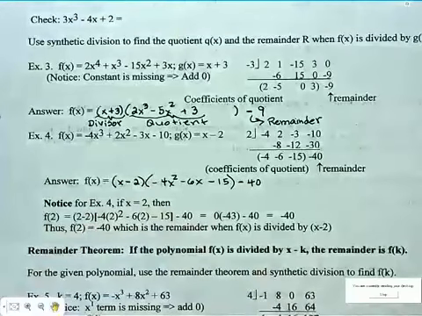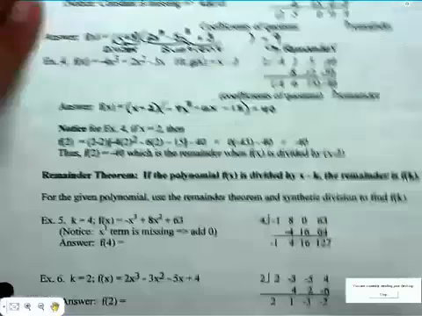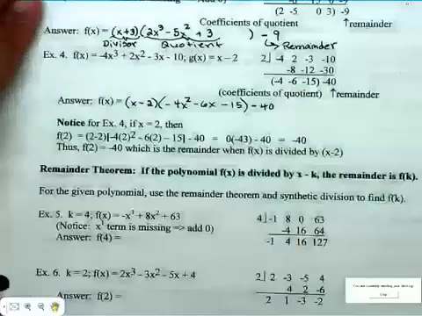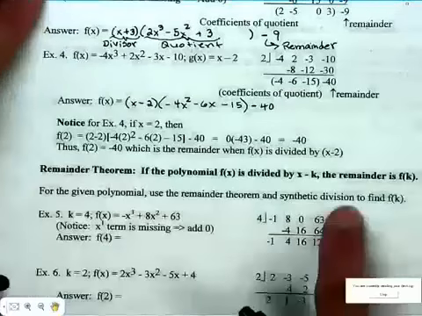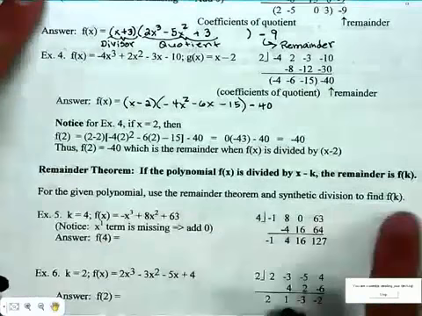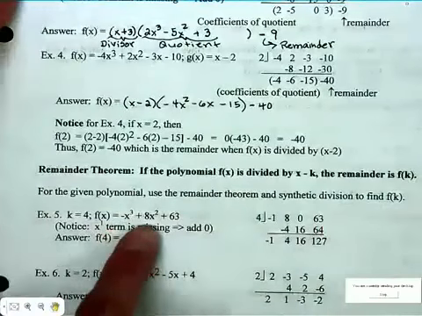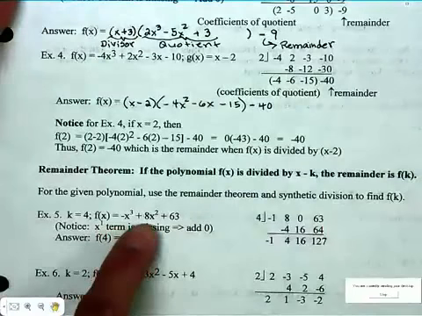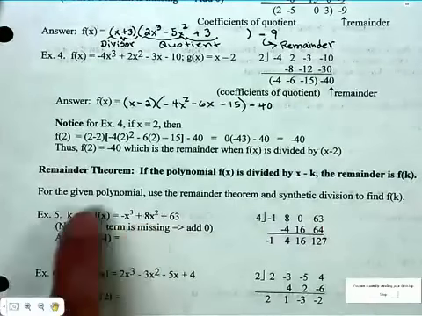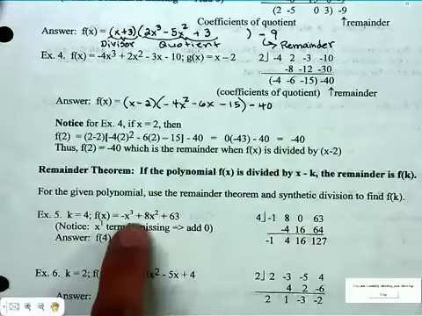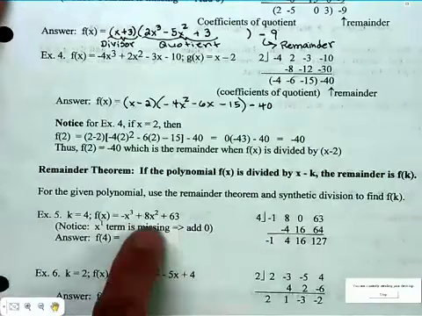The next 2 examples say for the given polynomial, use the remainder theorem and synthetic division to find f of k. Well, if you gave me f of x and then said find f of 4, but you didn't say anything about synthetic division, I would just put 4 into the place of x, punch that on the calculator, get a number.